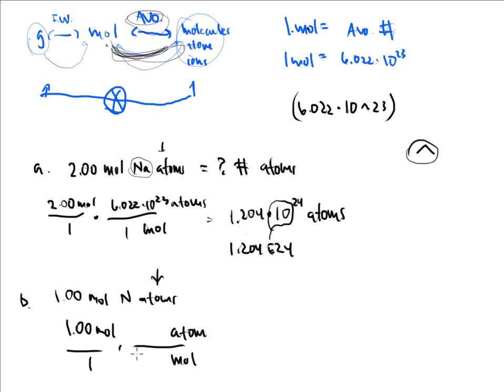Okay, so we've already said that 1 mole is 6.022 times 10 to the 23rd atoms. All right, well, this one's going to be easy. Anything times 1 is that number itself. So 6.022 times 10 to the 23rd atoms is what I have here. Okay, easy enough. That's all there is to it.